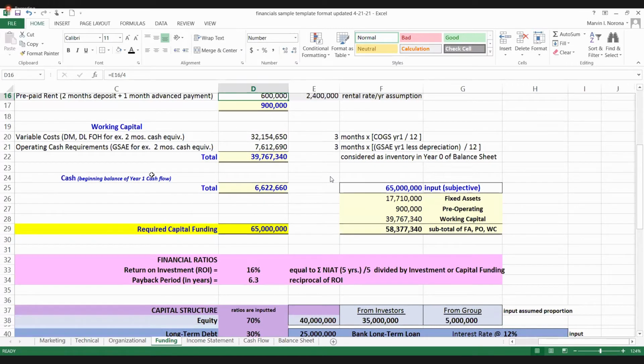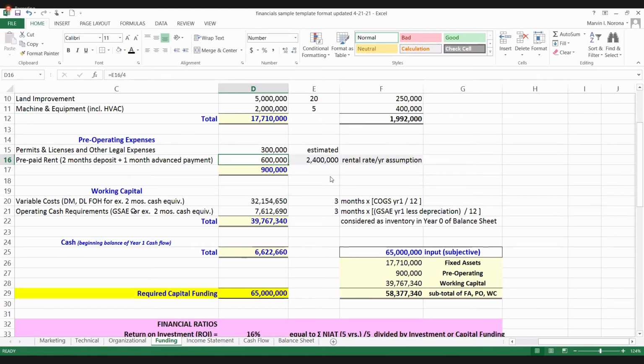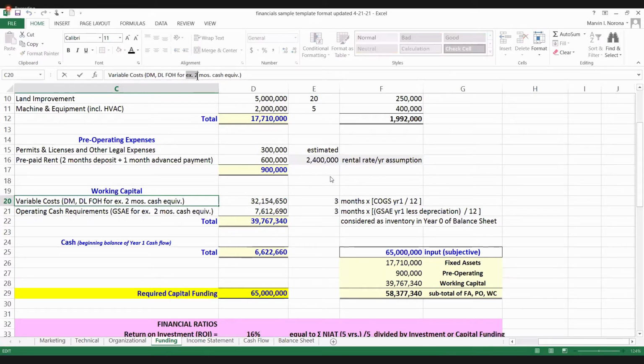So, and how to get the working capital? Ang assumption natin, pwedeng 2 months na walang operations or 3 months. Pwede niyo palitan yan. Lagay na lang natin, for example.